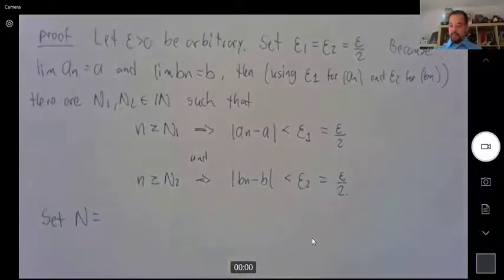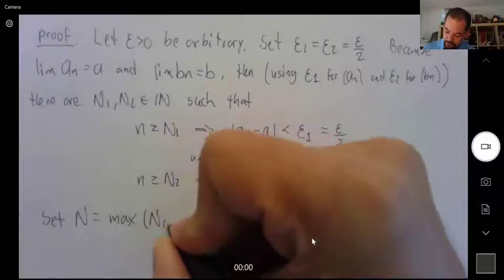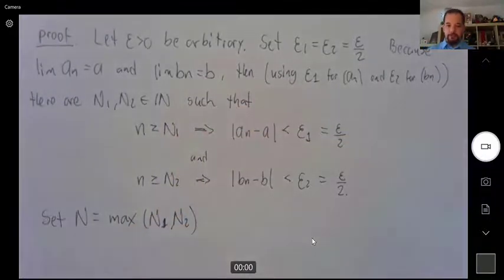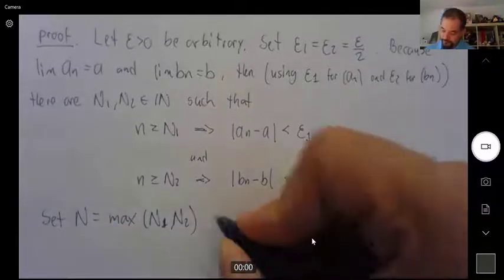Maximum? Yeah, the largest of the two, right? If we pick the largest of the two, then it will work for both. Exactly. So set capital N to be the maximum of N1 and N2, right? Pick the largest of the two. And if you pick the largest of the two, then when you have a little n that is bigger than capital N, it will satisfy both of these.